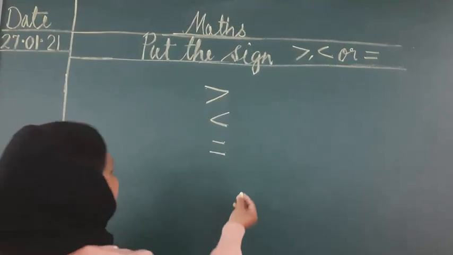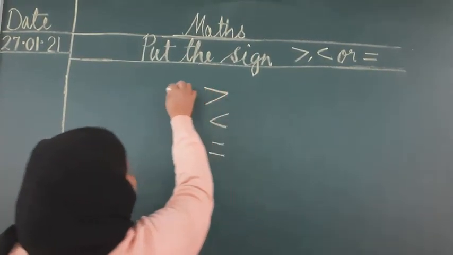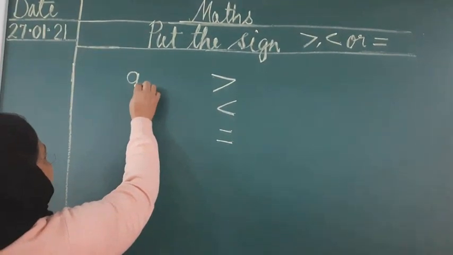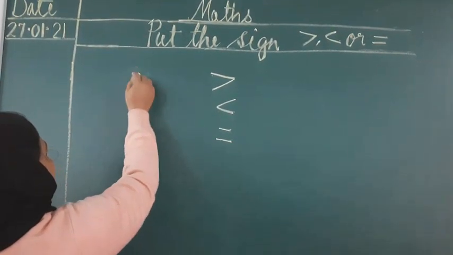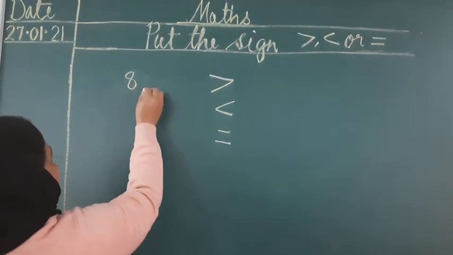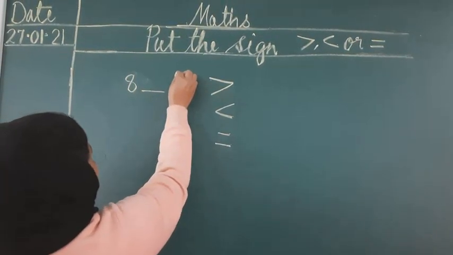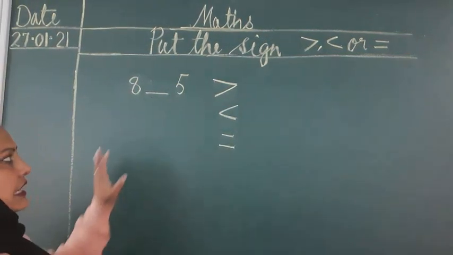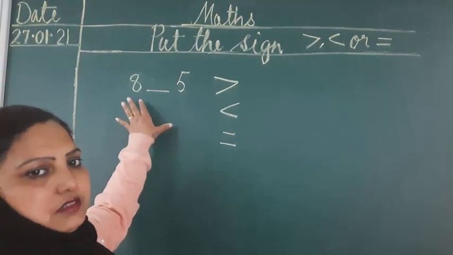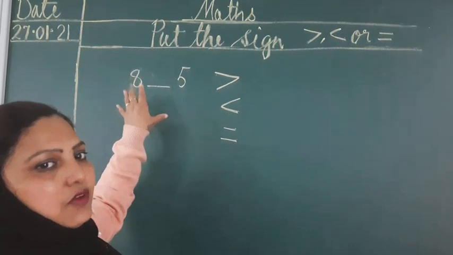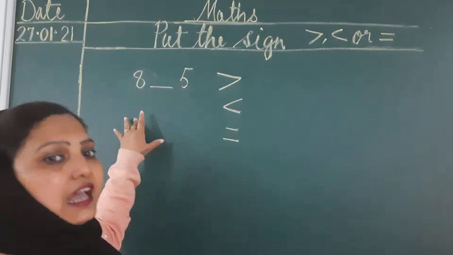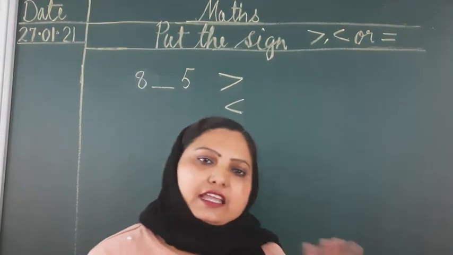For example, if I take the greater number like 8, and with that I will take here 5. So I have told you that you have to sketch the line and see which number is big. You can take any object, not only the lines.